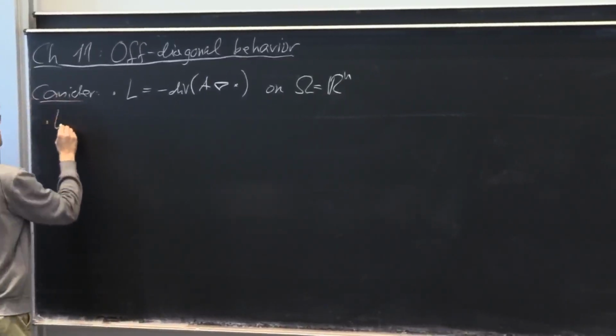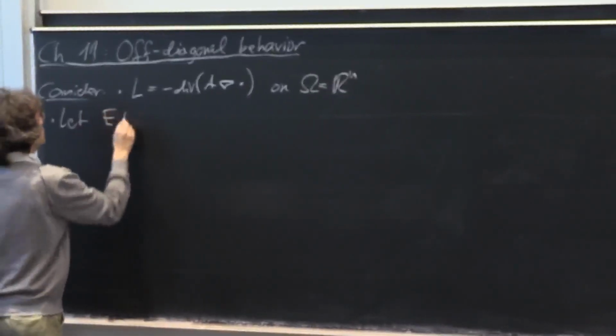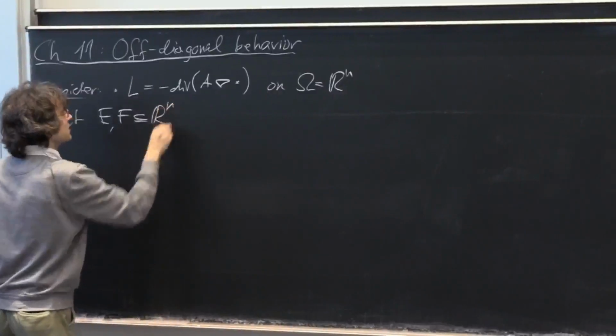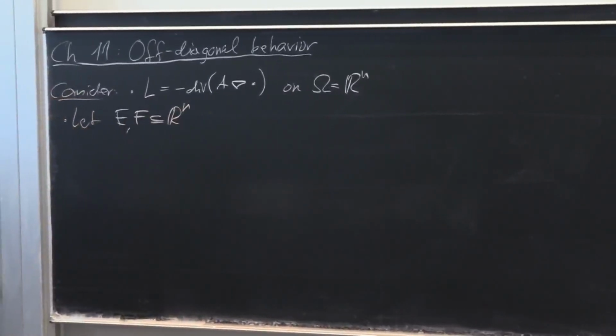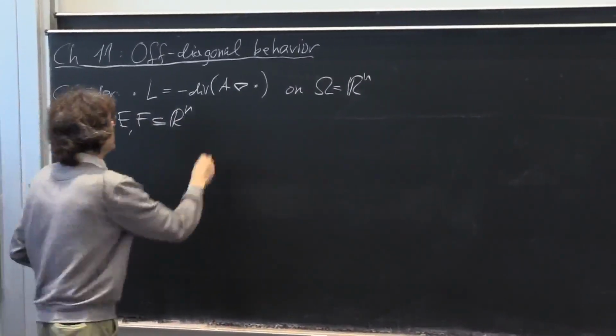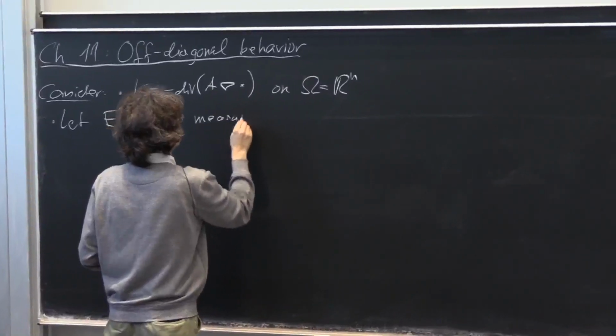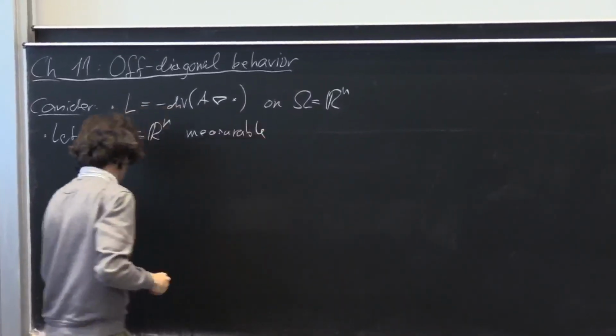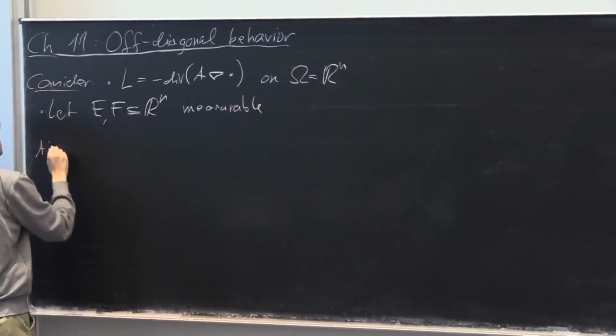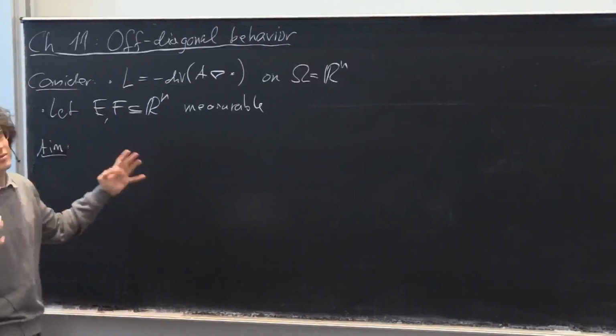So take two measurable subsets of R^n, and think of these subsets as being far apart.